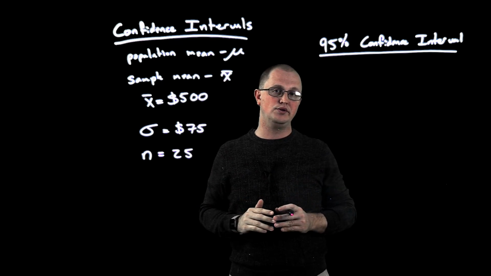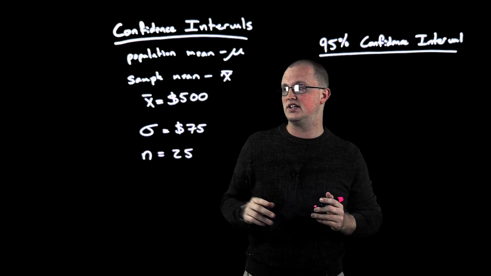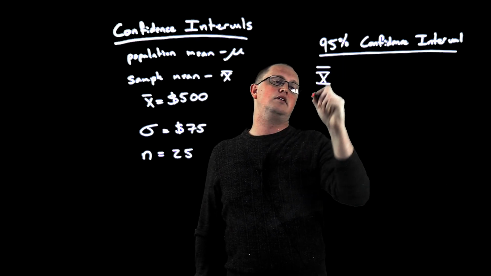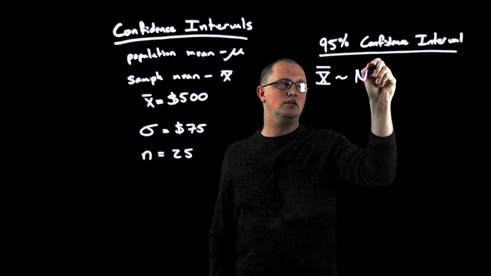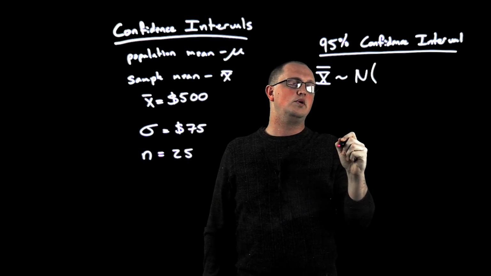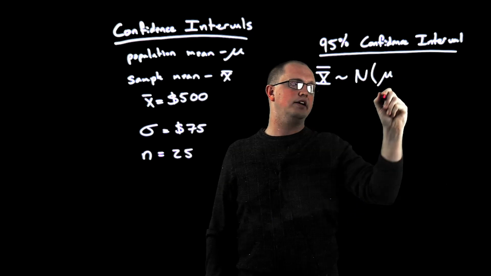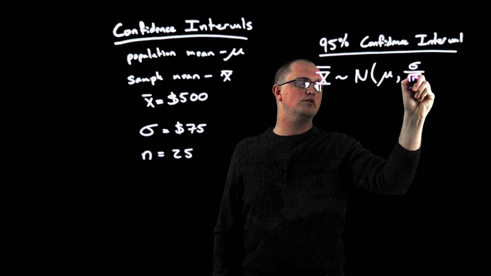And the way that we do that is we use the central limit theorem. The central limit theorem says that the distribution of this X bar is approximately normal with a mean of mu and a standard deviation of sigma over the square root of n.